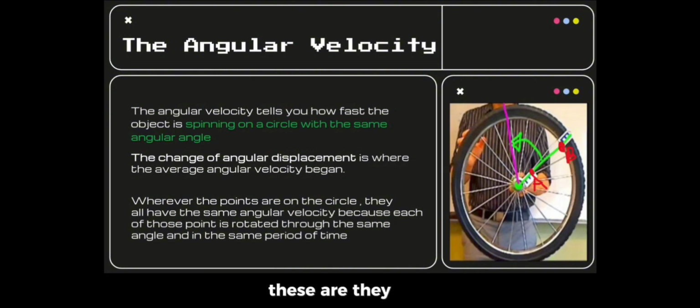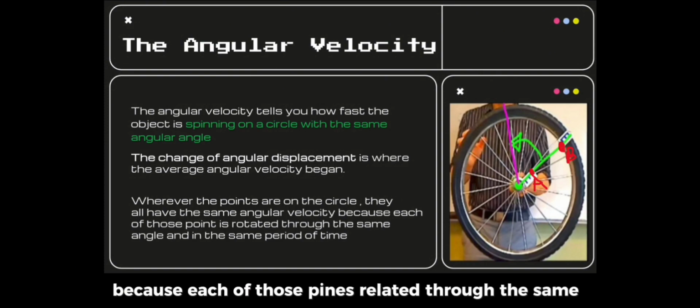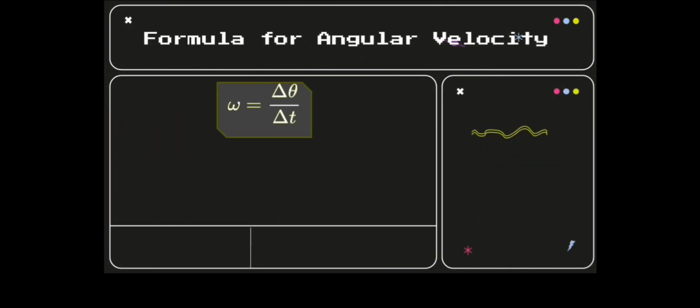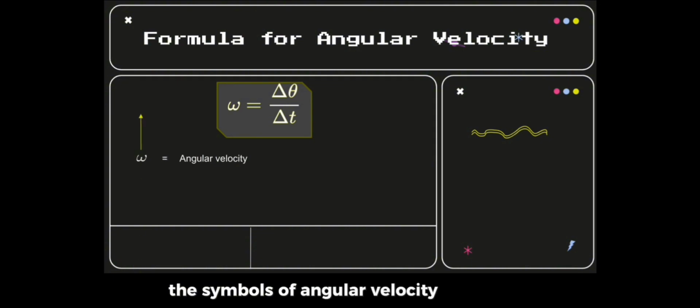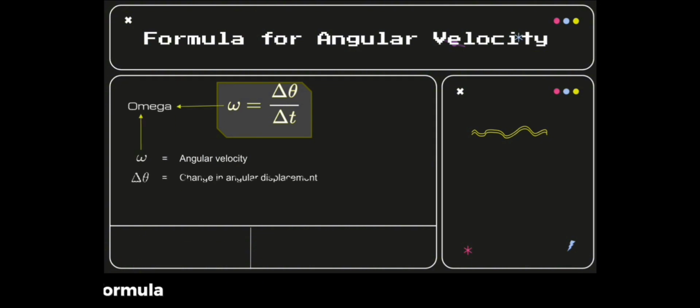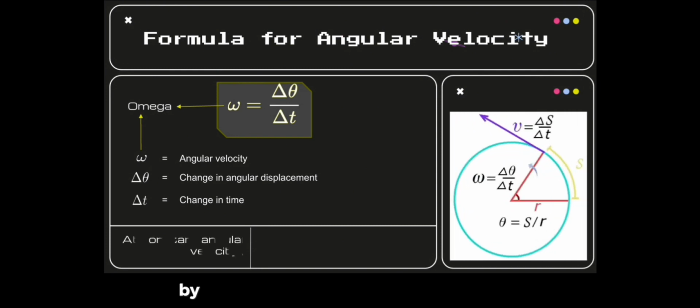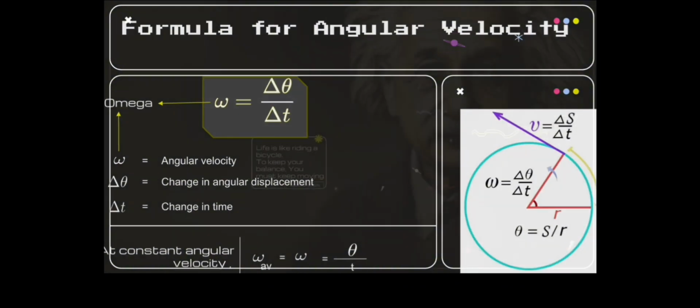They all have the same angular velocity because each of those points is rotated through the same angle in the same period of time. The symbol of angular velocity is omega. The formula for angular velocity is omega equals delta theta over delta t. At constant angular velocity, note that average omega is equal to omega.